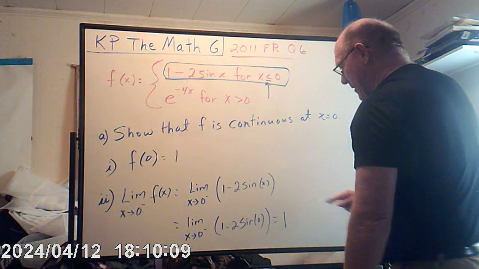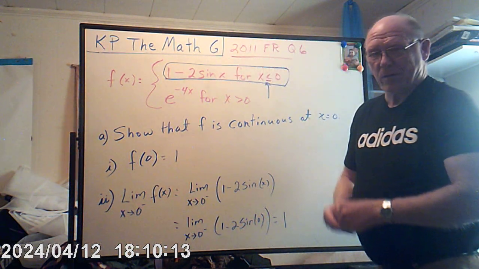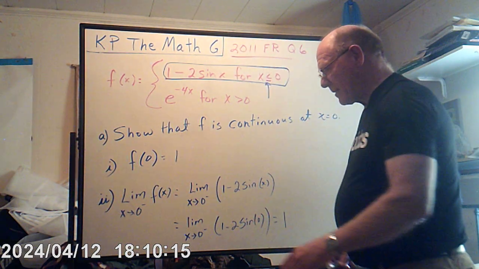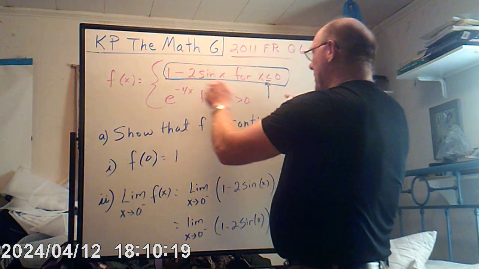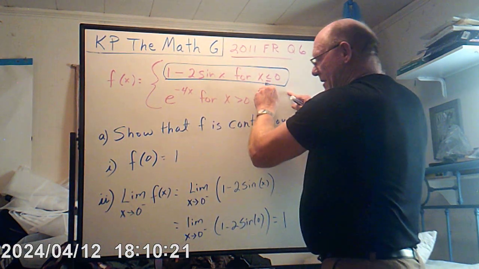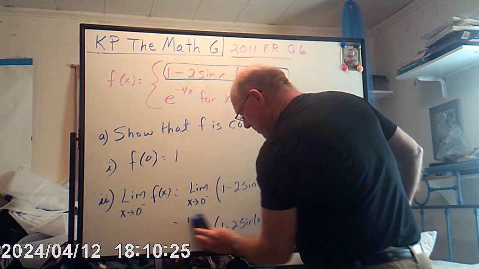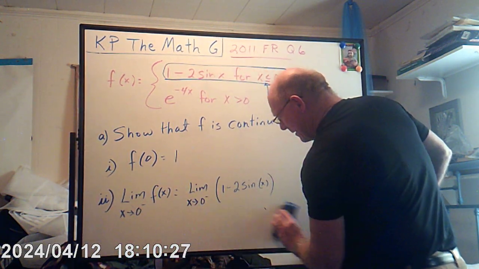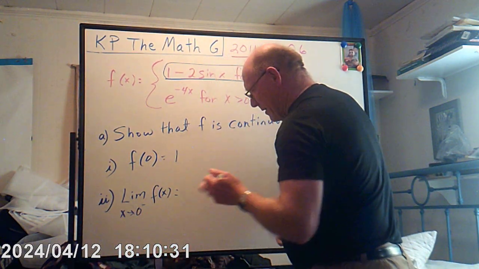So that limit is equal to 1. I'm going to go ahead and erase all of this, but just understand when you're looking from the left, you're looking at this one, less than 0. You know it is approaching 0, so you do plug the 0 in. So we know that this is equal to 1.